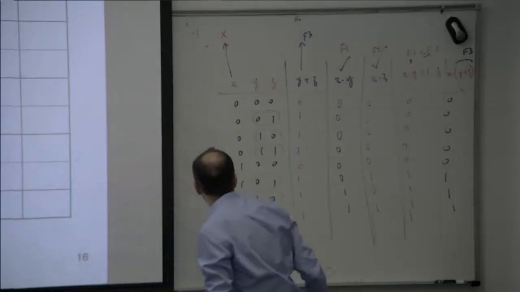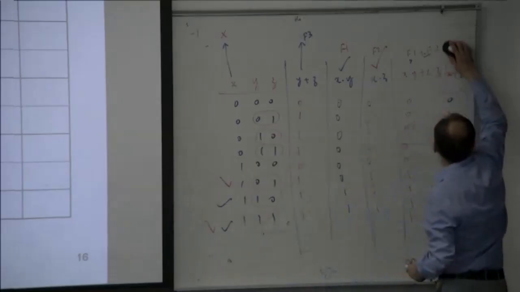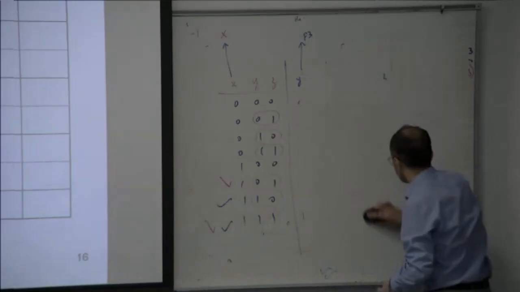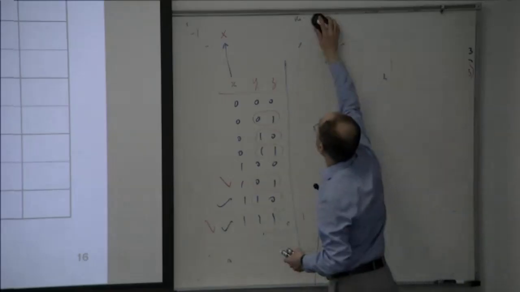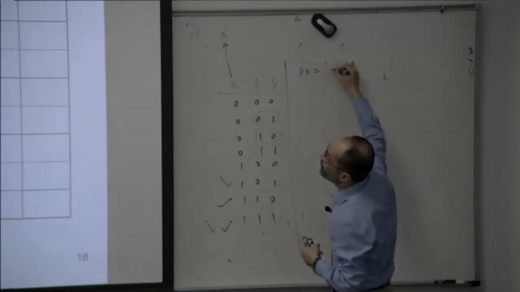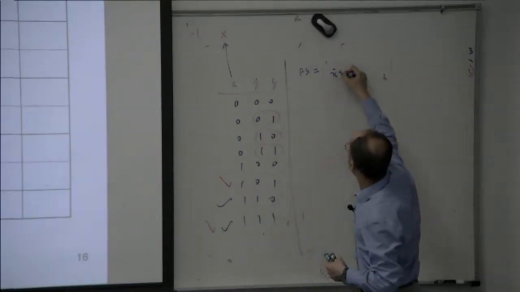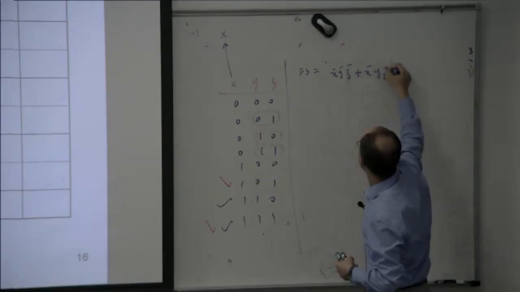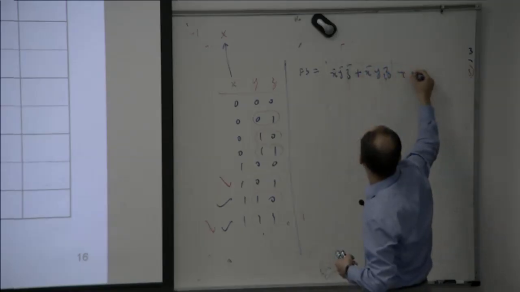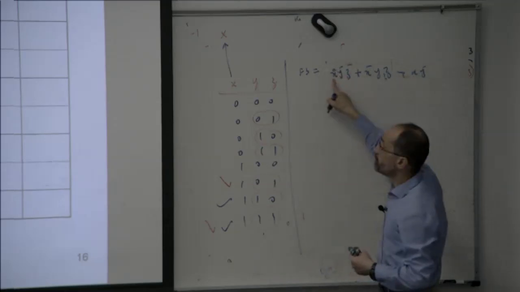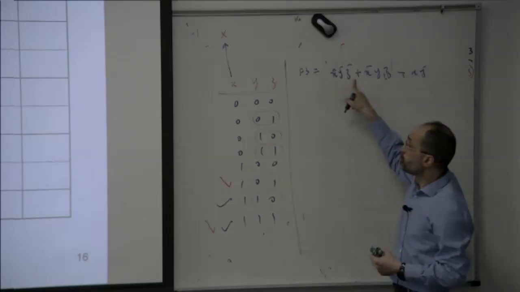What about f3? So now we want to compute f3. What is f3? Yes, please help me. f3 is the sum of terms: x bar y bar z bar, which is 0 0 0.